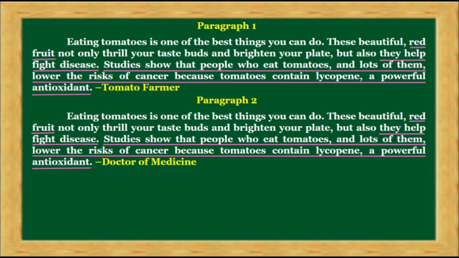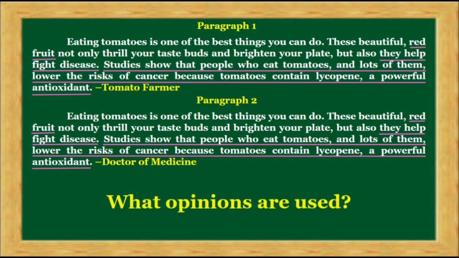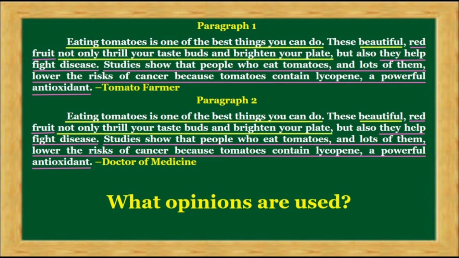What opinions are used? The opinions used are the following. Number 1, eating tomatoes is one of the best things you can do. Number 2, beautiful. And last, not only thrill your taste buds and brighten your plate.